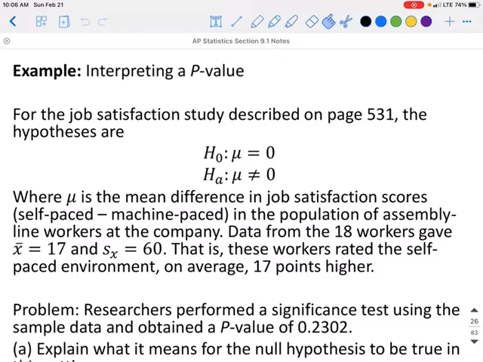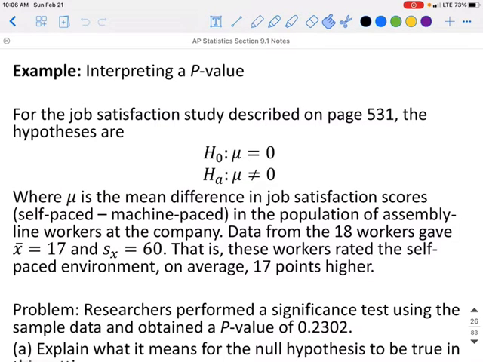So for the job satisfaction study described in that previous section, our null hypothesis was that the difference was exactly 0, or there was no difference, and our alternative hypothesis is that the difference between the two scores does not equal 0, where mu is the mean difference in job satisfaction scores from self-paced minus machine-paced in the population of assembly workers at a company.